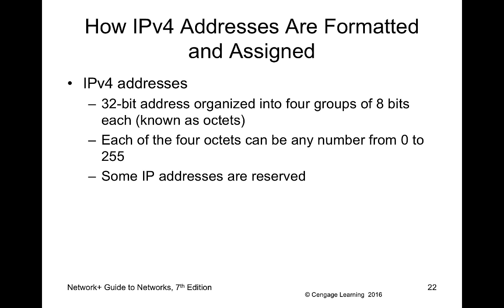Okay, IPv4, 32-bit address organized into 4 groups of 8 bits, known as octets. Each of them can be between 0 and 255. Some are reserved. For instance, 127.0.0.1 is reserved. 10.10 is reserved. 172.16 is reserved. 192.168 is reserved. There's a lot of reserved areas, and as you learn this, you will obviously learn those.